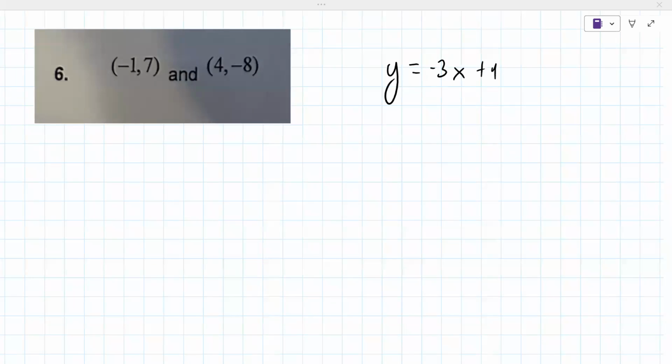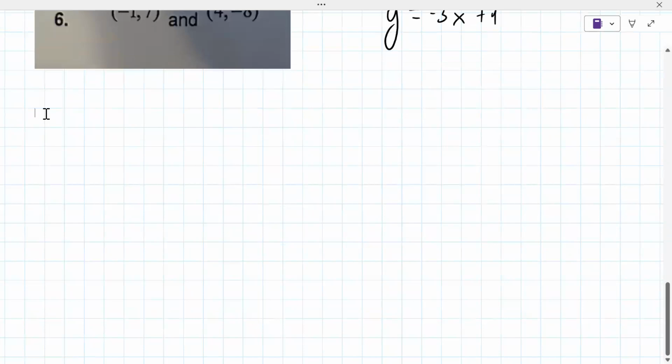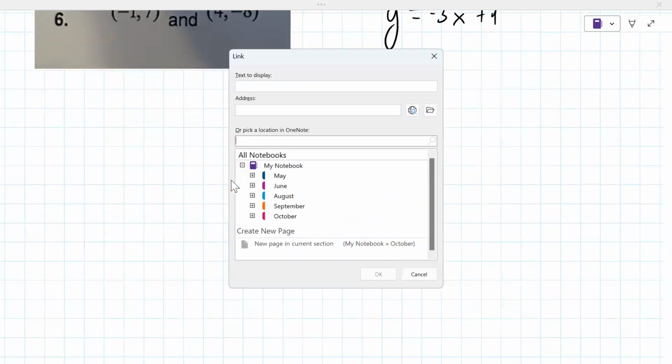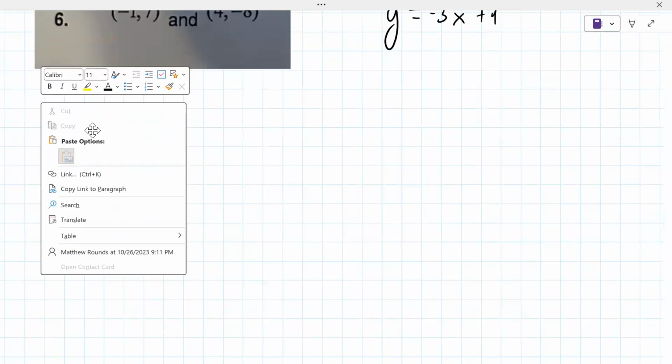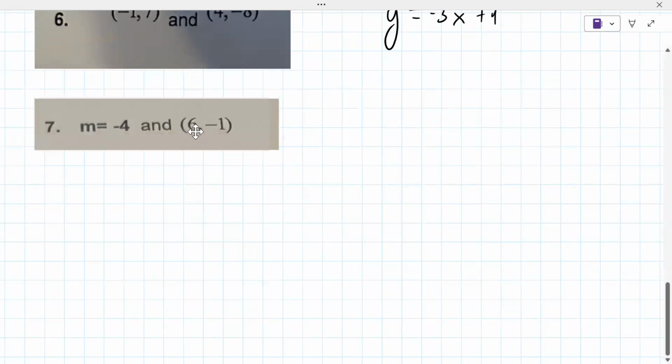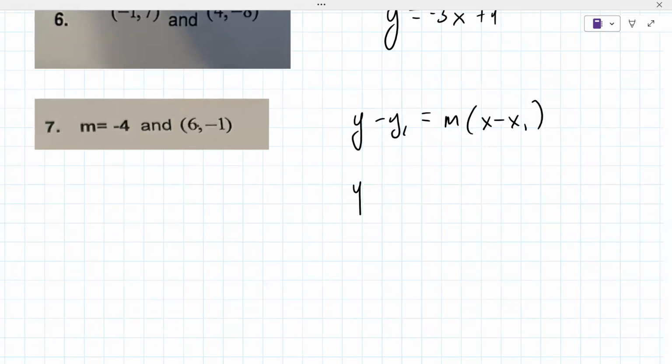All right, so for other students, they might just now be getting this, but you've already got it down. 7 is a little bit easier than 6. When you're given the slope and a point, you actually want to write it in point slope form. And that's typically just a little bit faster than doing it the other way, where you have to find the b value.